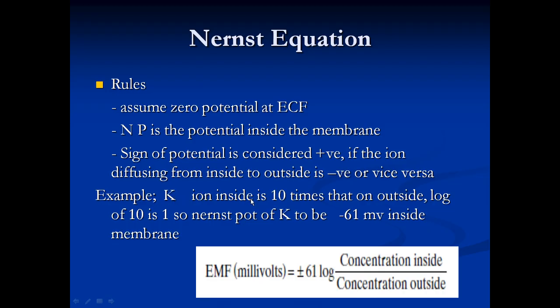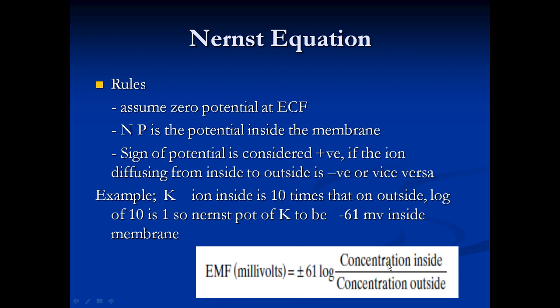For example, potassium ion inside is 10 times the outside. So for this 10, we open the log table and see the value of 10 in the log. The value of 10 in the log is 1.